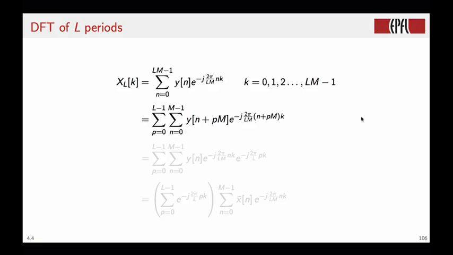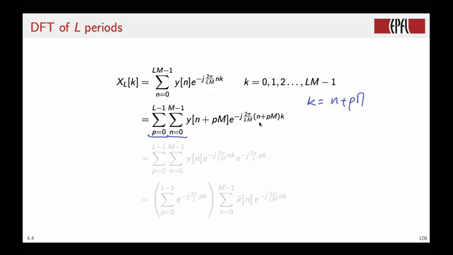We can split the sum in the following way. We have an outside sum where we span the number of periods, and an inner sum where we go through the points in the period. And so here we simply replace n with n plus pM. So n was ranging over the entire signal. Now we split this into period plus index inside the period.